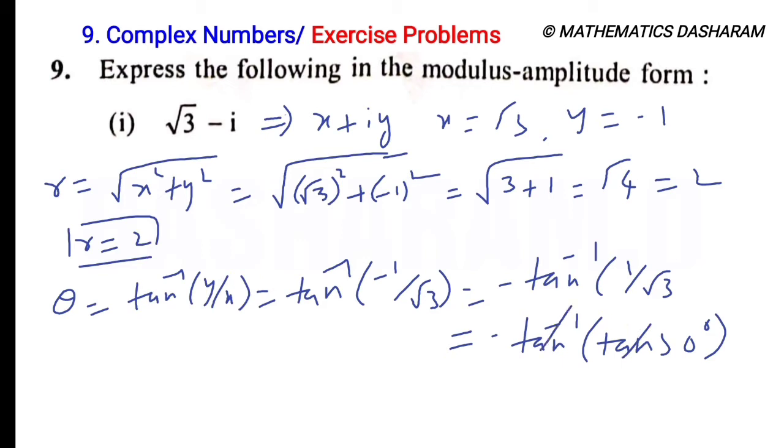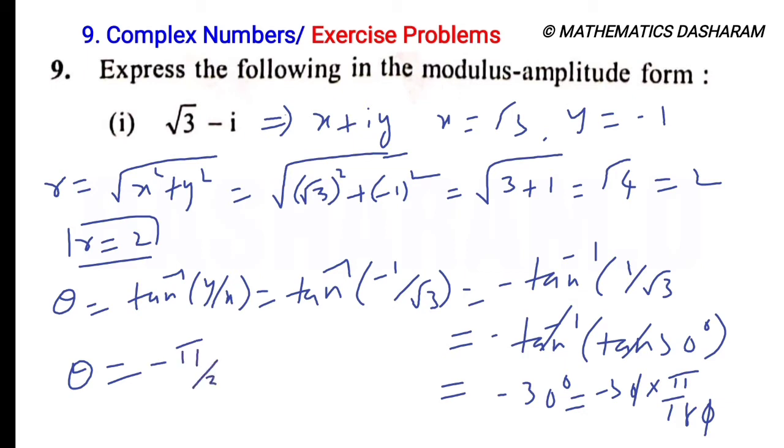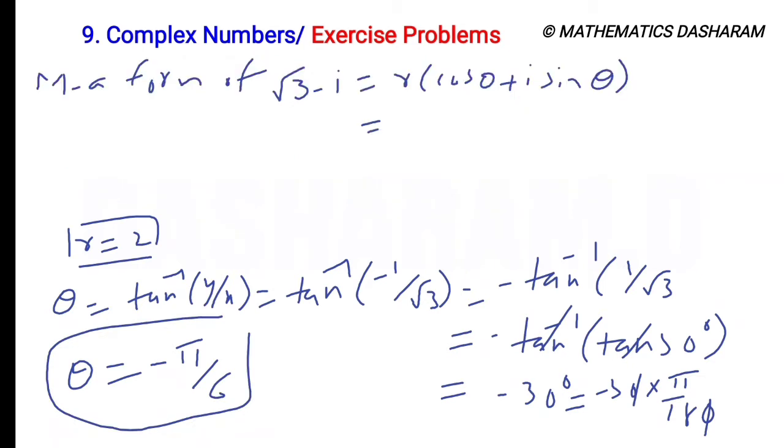So tan inverse cancels, so minus 30 degrees. Now minus 30 multiplied with pi by 180 degrees. The zeros cancel, 3 6 are, so minus pi by 6 is the theta value. So r value is 2, so cos of minus pi by 6 plus i sin of minus pi by 6.